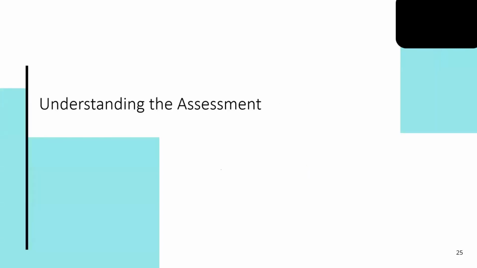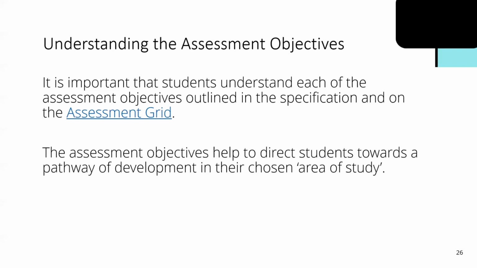We're now going to look at understanding the assessment. It is important that students understand each of the assessment objectives outlined in the specification and on the assessment grid. The assessment objectives help to direct students towards a pathway of development in their chosen area of study.